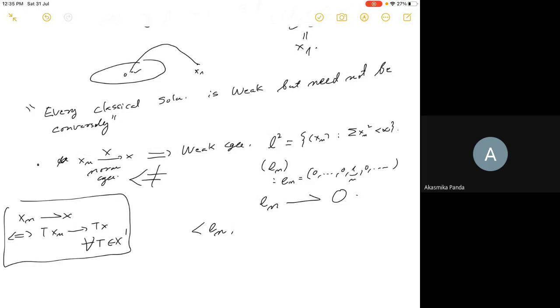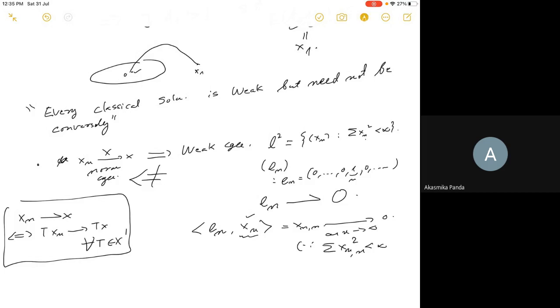When I look at this quantity, it has infinitely many terms. However, the only term which will survive is the nth term, that is xn comma the nth term, and this goes to 0 as n goes to infinity because this is a convergent series, and the nth term has to go to 0.